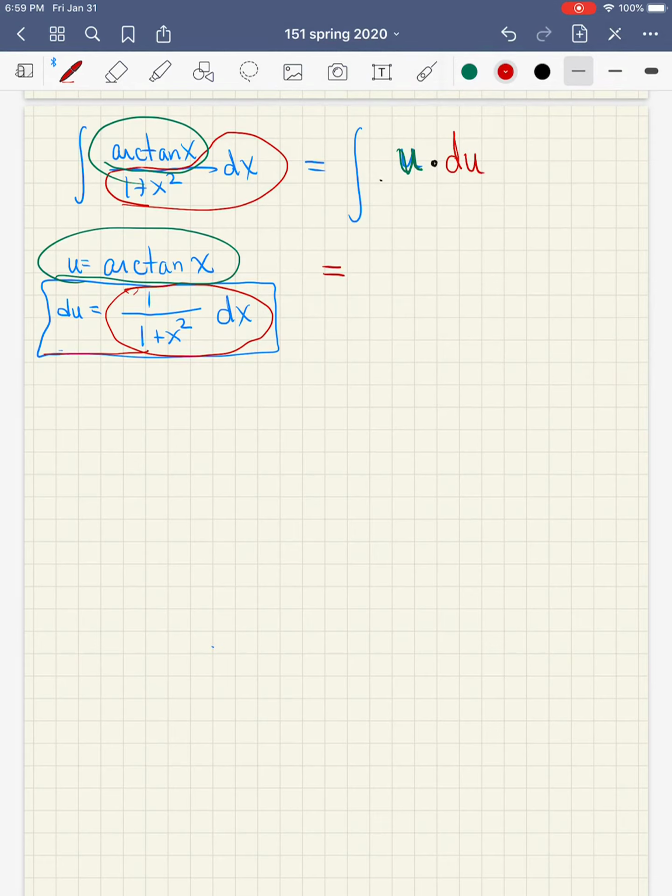And so the integral of u du is just going to be 1/2 u squared plus c. To get everything in terms of x, it's going to be 1/2 times the arctangent of x squared plus c. And I encourage you now to pause the video and double check that the derivative of this function is exactly what we got when we started.